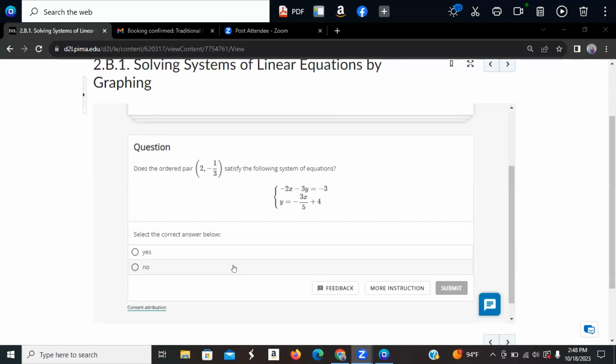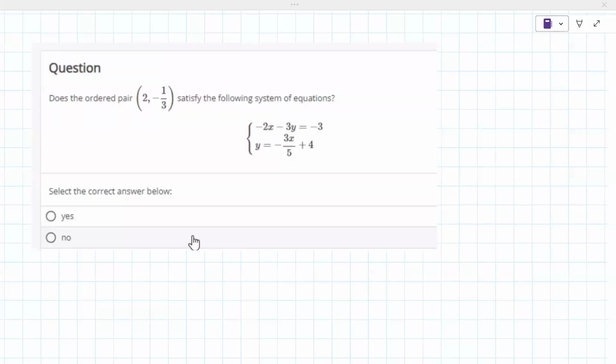All right, so same thing on this one here. Like that snip, we'll do this real quick. All right, so start with that first equation, minus 2x minus 3y equals minus 3, negative 2 times 2 minus 3 times negative 1/3.